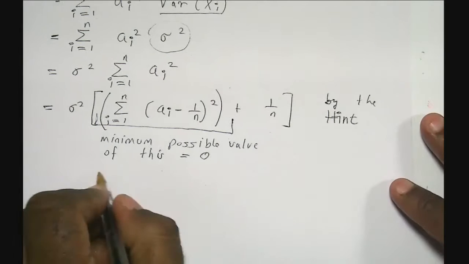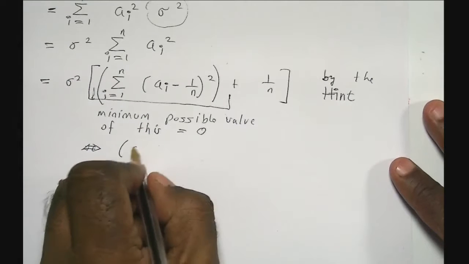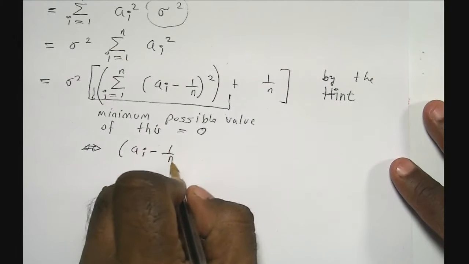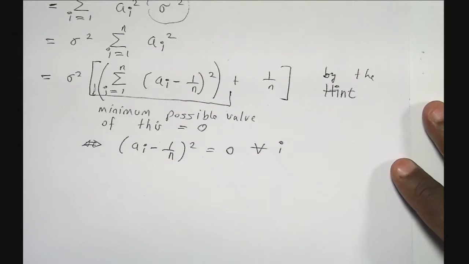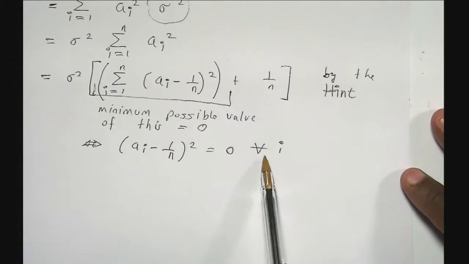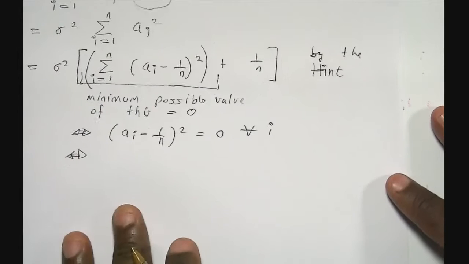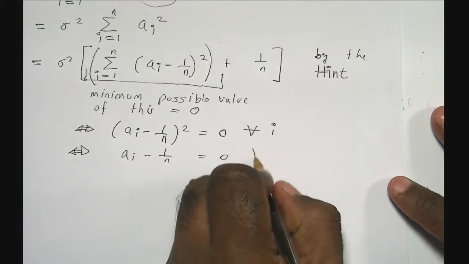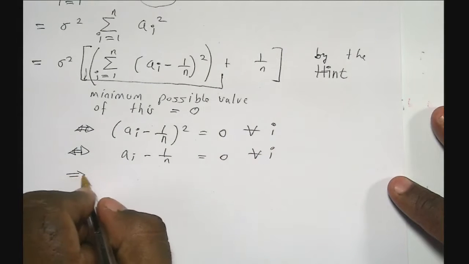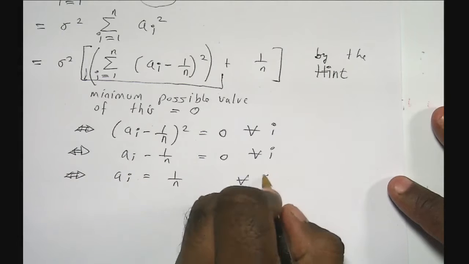It will be equal to 0 if and only if this term here, ai minus 1 over n squared, is equal to 0 for every i. In other words, ai minus 1 over n is equal to 0, so ai is equal to 1 over n for every i.